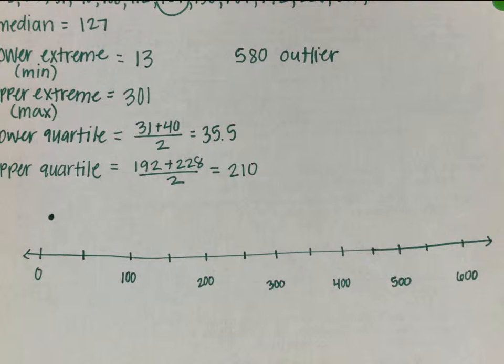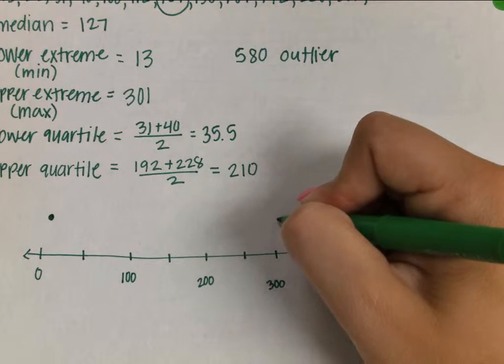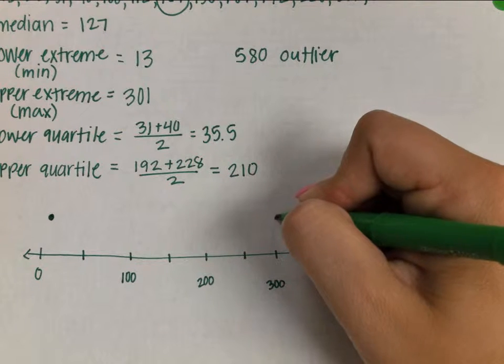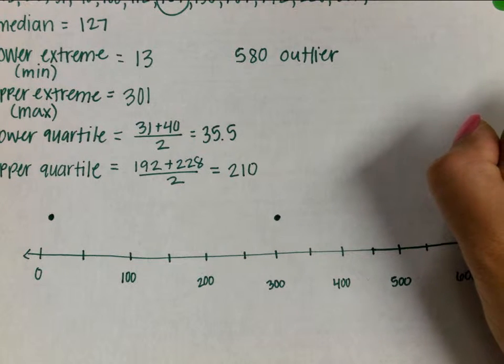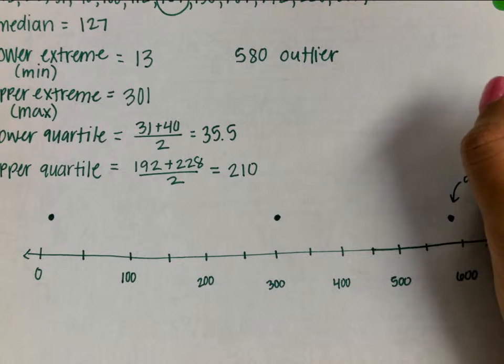My upper extreme is 301. So right at 300. And then remember, I had an outlier, 580, so I'm going to plot it on there, but it's not going to actually be connected to my graph. It's just going to be a dot. Okay. So that right there is your outlier.